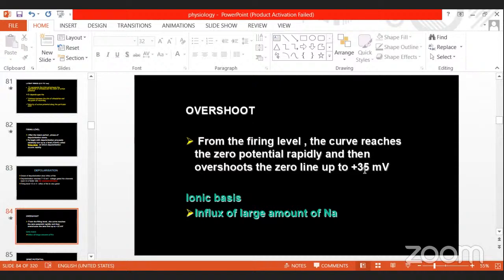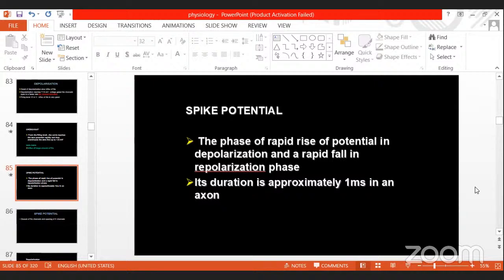It starts from negative and reaches the positive of plus 35 millivolt, because of the influx of a large amount of sodium. The spike potential is the phase of rapid rise of potential in depolarization and rapid fall in repolarization, that is around 1 millisecond.